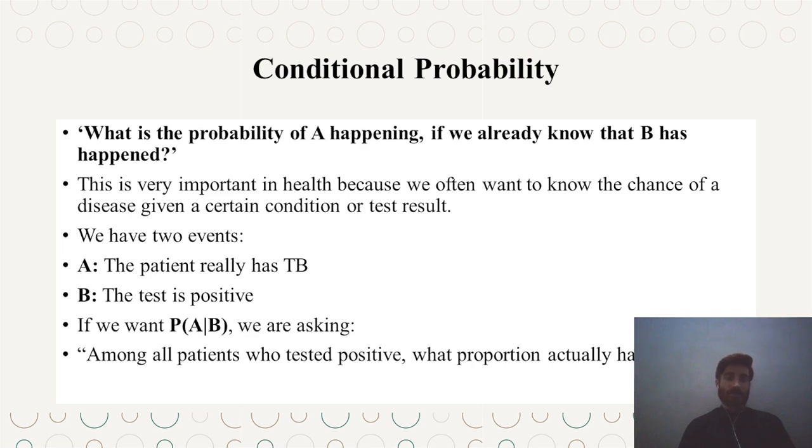For example, if we have a positive test, what is the probability that the person with the positive test has the disease? Like we have two events. A is the patient really has TB, and B is the test is positive. So what will be the conditional probability? Among all patients who tested positive, like the B, what is the proportion of patients actually having TB in B?